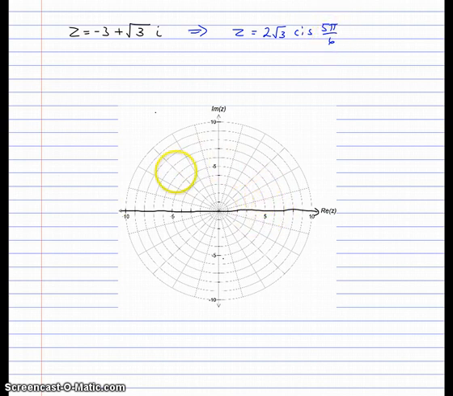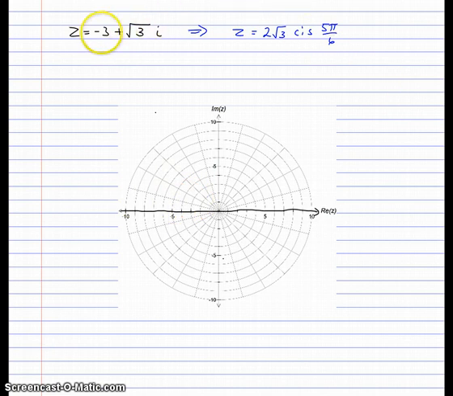So we know we've got to go around here to 5 pi on 6. Now this here is going to be pi on 6, 2 pi on 6, 3 pi on 6, 4 pi on 6, 5 pi on 6. So we know that this line here, that's our angle, and we have to go out 2 root 3 units.